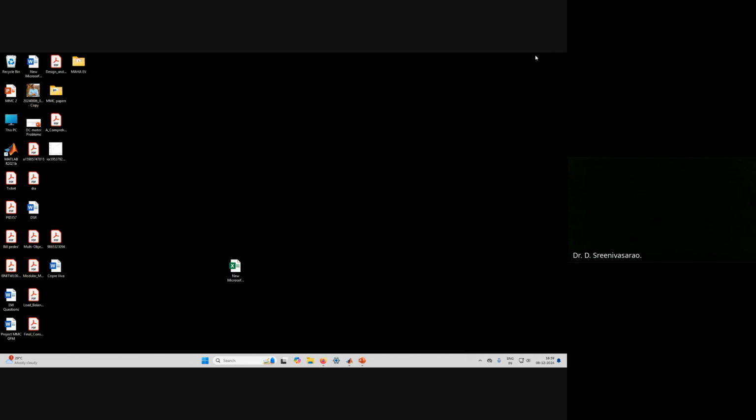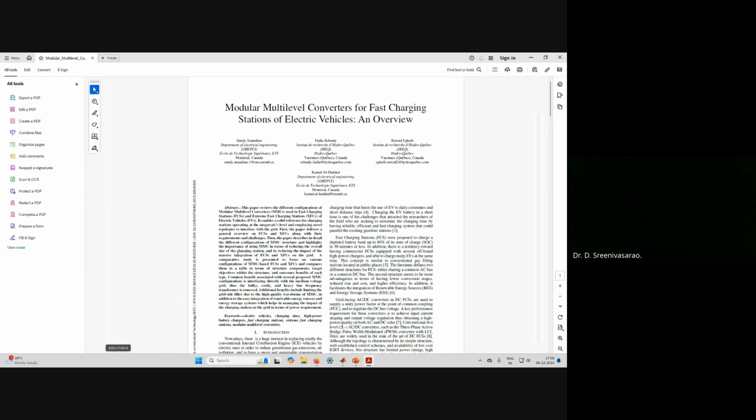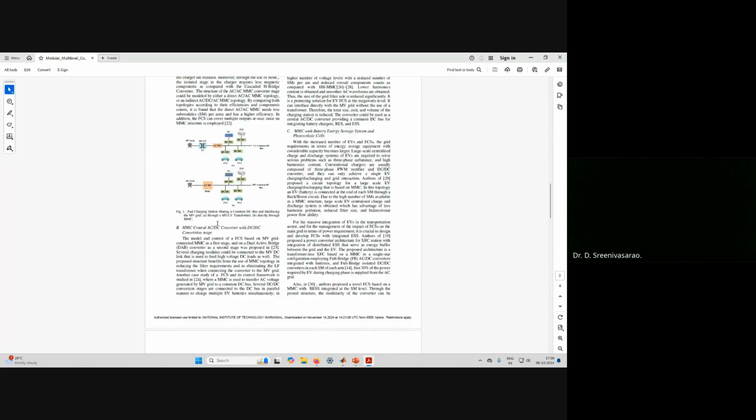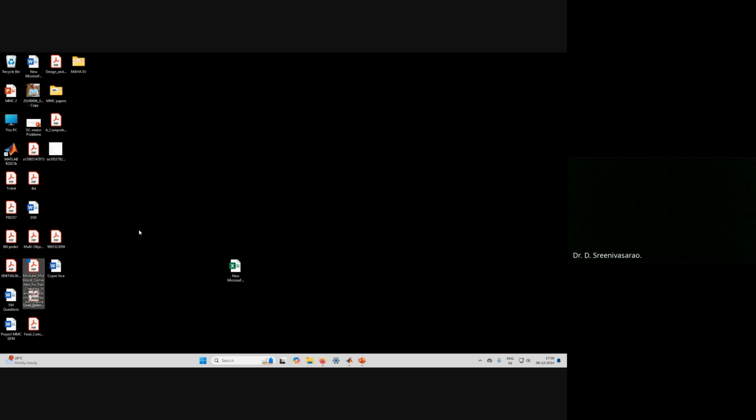I think I'll show you. There are some references for this DC link capacitor balance. I will forward it to you.